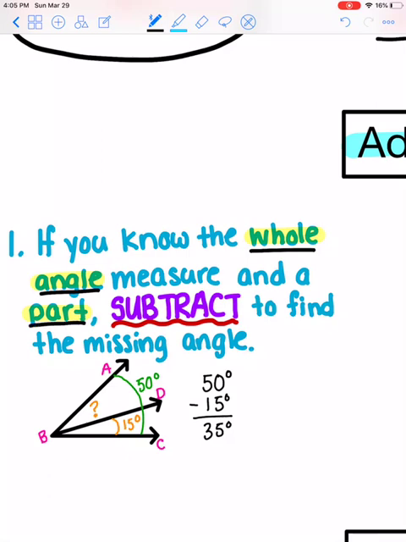So the part we know is this orange bit here that says 15 degrees. Subtract to find the missing angle. So 50 minus 15 is 35 degrees. So that means that this unknown value here is 35 degrees.